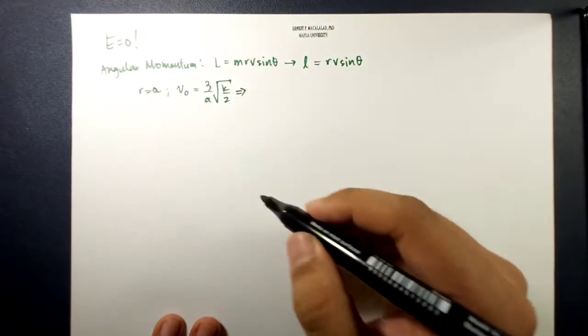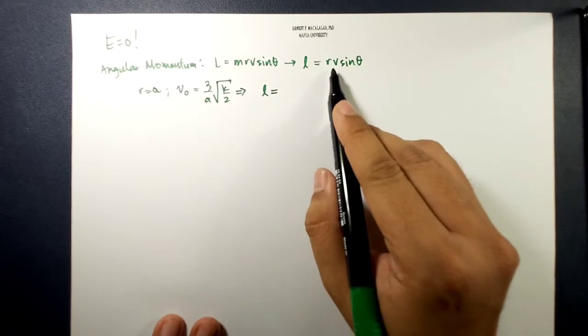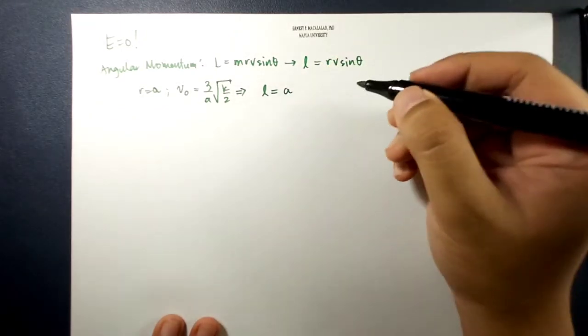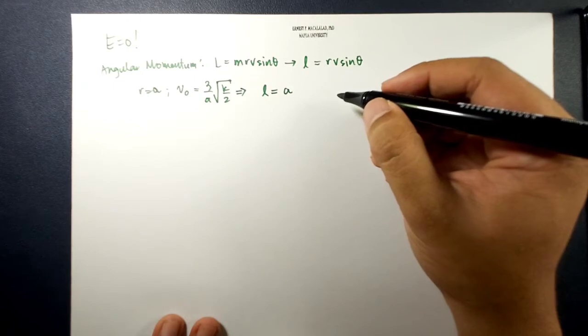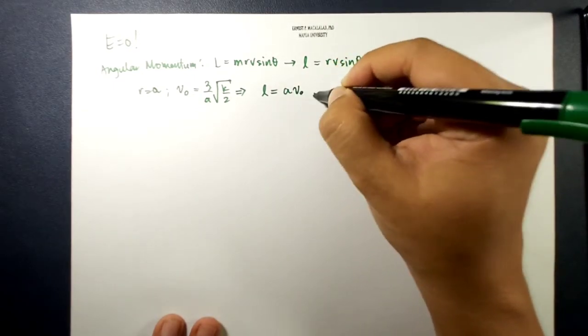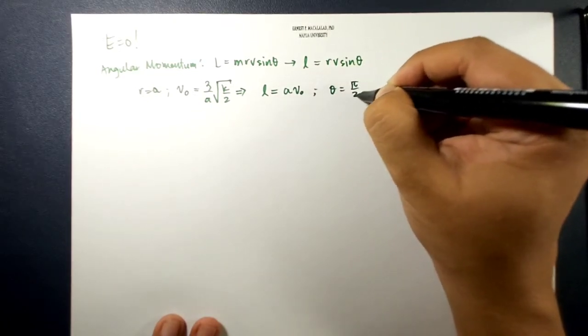So this tells us that L is equal to a v naught, since theta is pi over 2.